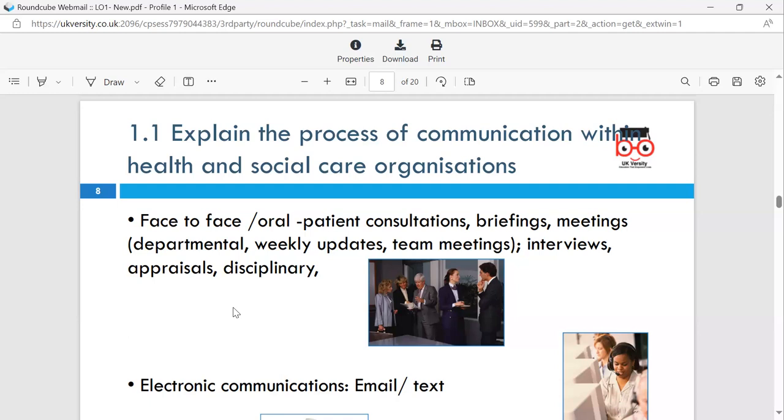And the next one is briefing, and this is where you give instructions or information to an individual, just before the meeting or something. And then you've got meetings, which will be departmental meetings, which can be weekly meetings, team meetings. You have interviews, appraisals, and disciplinaries. So these are all forms of communication.